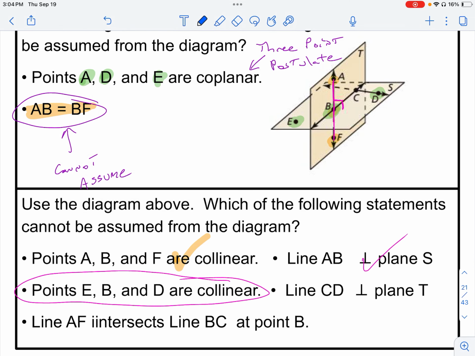We'll do it blue. And we get line CD right here. And is that perpendicular to plane T? I don't know. We do not have a perpendicular marking on it, so we cannot assume that.